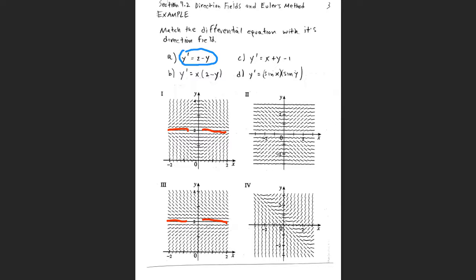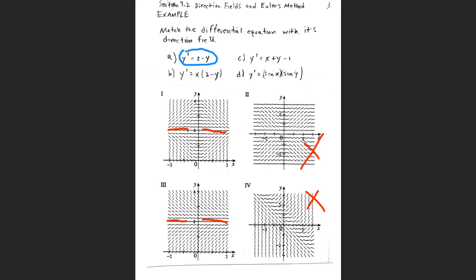But hold on now, want to be a little bit careful. So this would rule out 2, and it will rule out 4. So we have to choose now between 1 and 3.